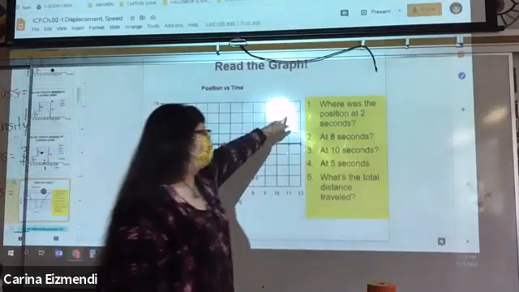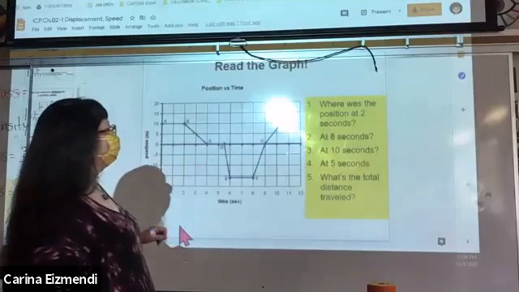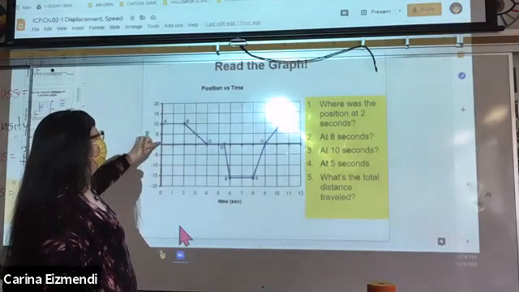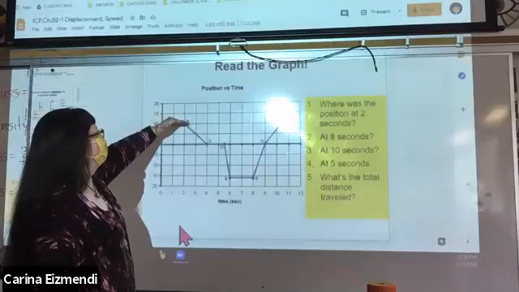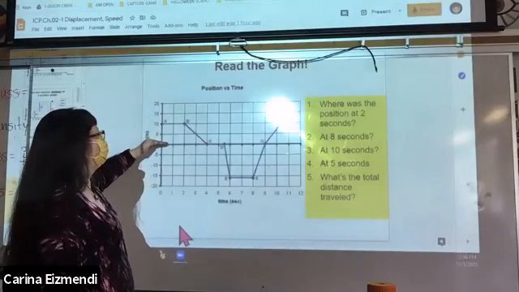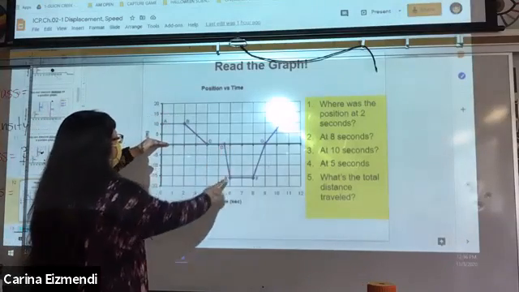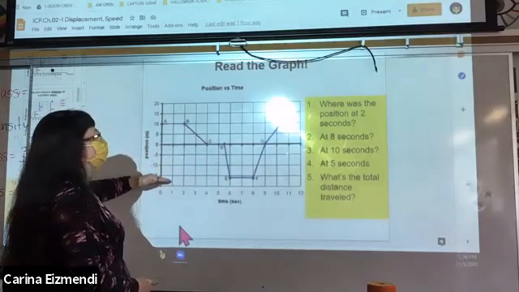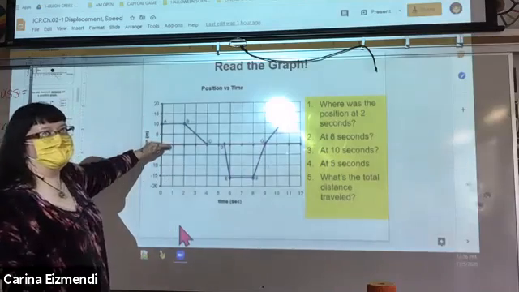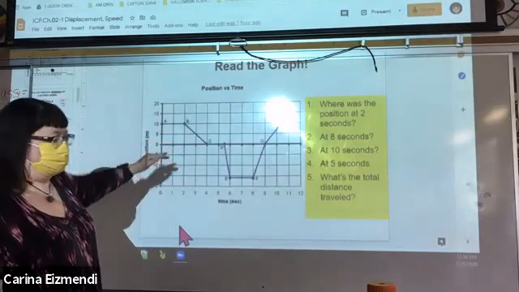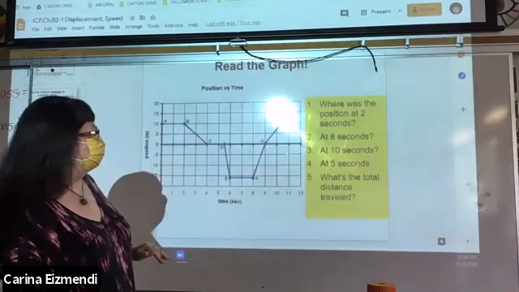For total distance, you would add up all the movements along the y-axis. Moving from here to here, that would be down 10. Moving from here to here, that would be another 16. From here to here, another 16. All right, so that we did before.